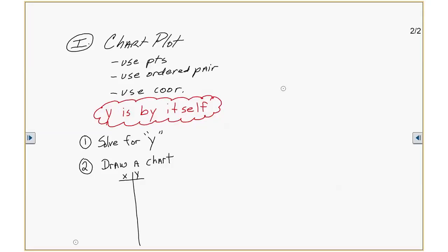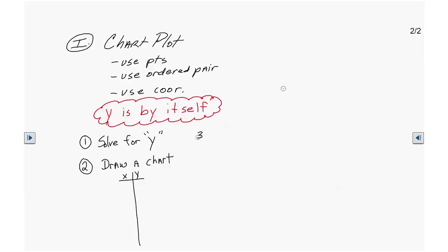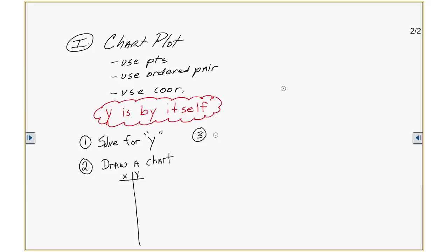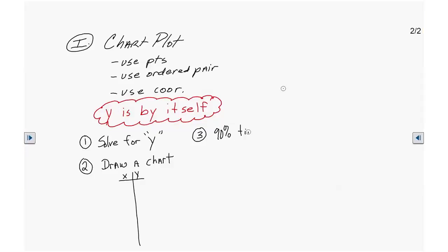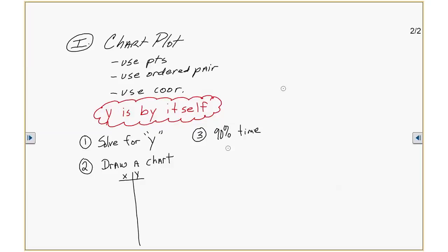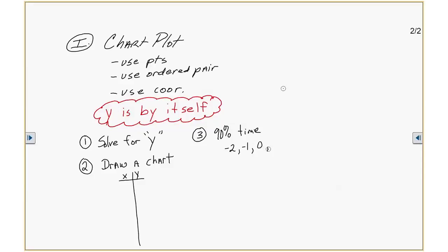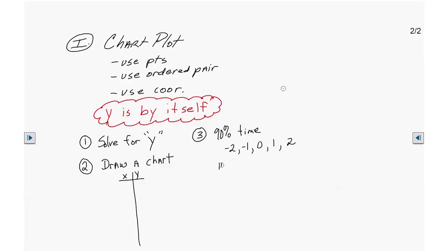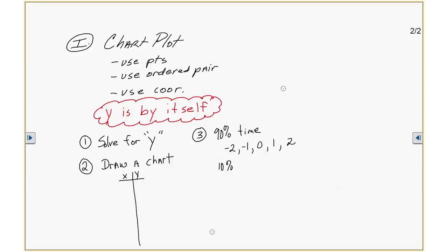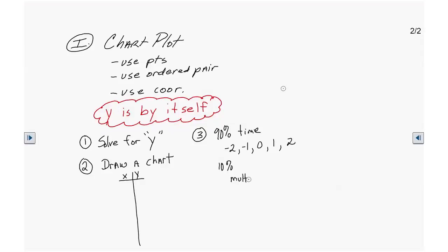4 or 3. 90% of the time, I will pick these numbers for x: -2, -1, 0, 1, and 2. 10% of the time, in other words, 10% of the questions you get about graphing with this method, I'm going to use multiples of the what?